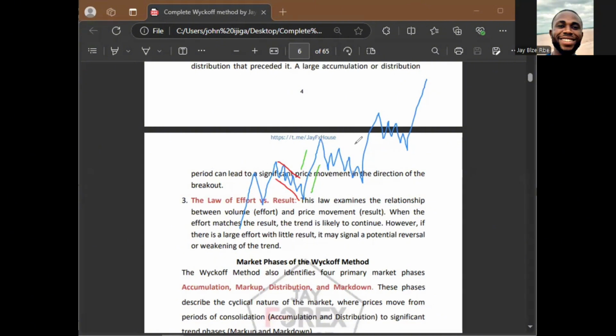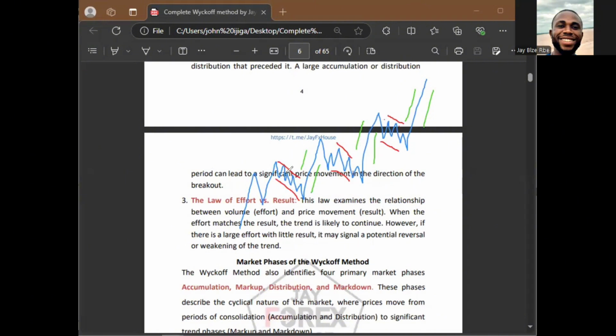So when it's retracing and trying to get a pullback, we see corrective price action. These corrective price actions are what we call consolidations. And within this, if it's correcting, it's where you're expecting a schematic to happen, because if it's impulsive, it's a markup, and if it's corrective, it's a markdown.